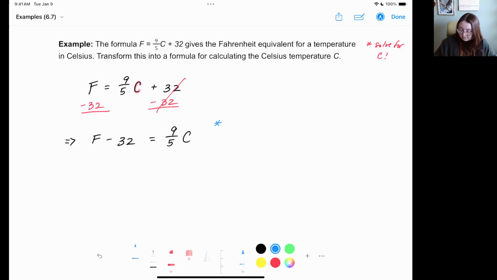We're going to make a note of that: you can switch the two sides of an equation whenever you want. They're still equal.